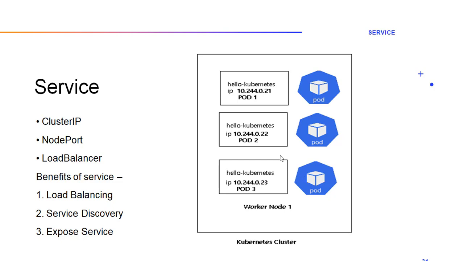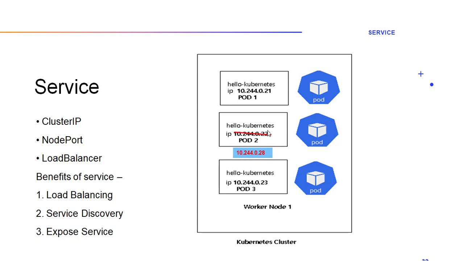And due to some reason, if one pod dies, suppose this 22 pod is terminated, we know that in the Kubernetes deployment we have a self-healing mechanism. So when Kubernetes observes that one of the pods has died, it will replace that pod with a new pod. Now the 22 pod is replaced with the new pod, and we observe that the IP is changed to 28.